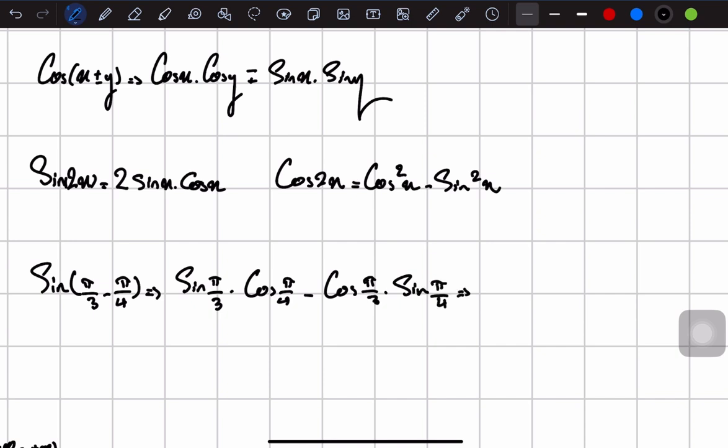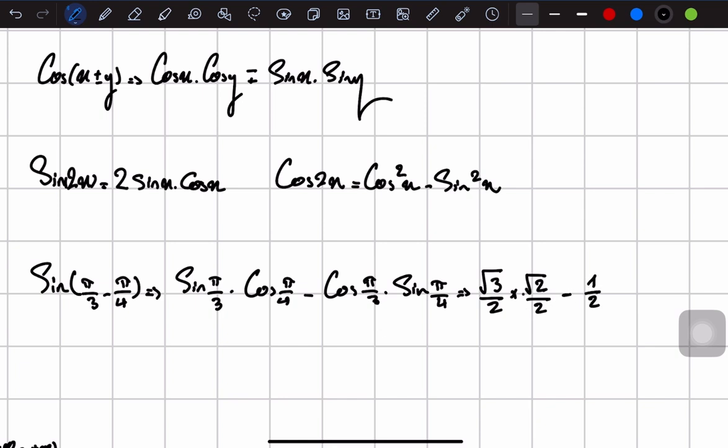So now we just have to calculate this one. What is the sine of pi over 3? It's square root of 3 over 2, times, what is the cosine of pi over 4? We said square root of 2 over 2, minus, what is the cosine of pi over 3? That's the opposite of this one, so 1 over 2.